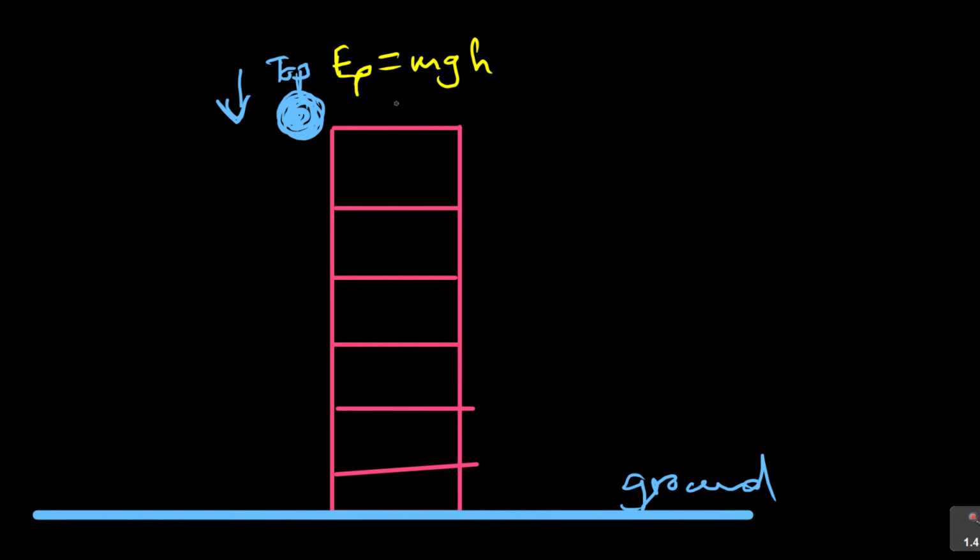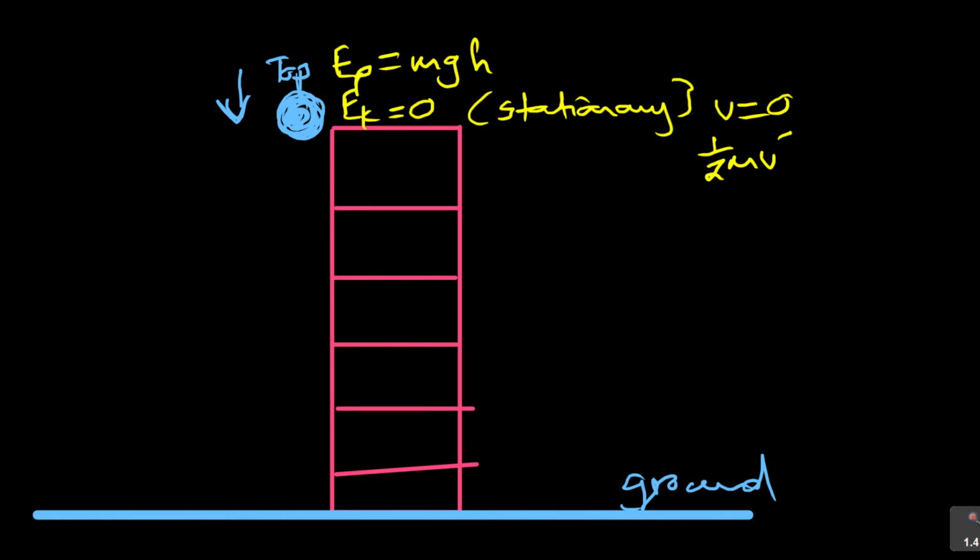You can see that. But here, remember, kinetic energy is 0. Why? Because this object is not moving. It is stationary. So if you say stationary here, V is equal to 0, and kinetic energy, don't forget the formula, is half mv squared. So if V is equal to 0, meaning EK here is also equal to 0.